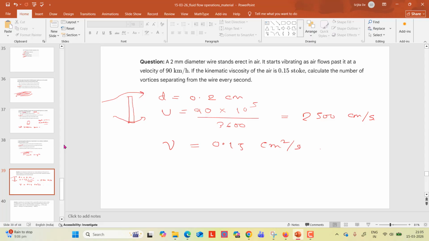So now if we calculate the Reynolds number, Reynolds number is U d by nu. d will be important because this flow is crossing the diameter of the wire.